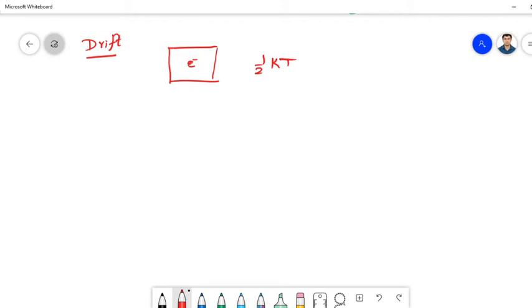Now as we know, the electrons in the conduction band are free particles, so they have three dimensions because they can move in all three directions in the semiconductor material. So the kinetic energy of an electron in the conduction band is half m v squared.